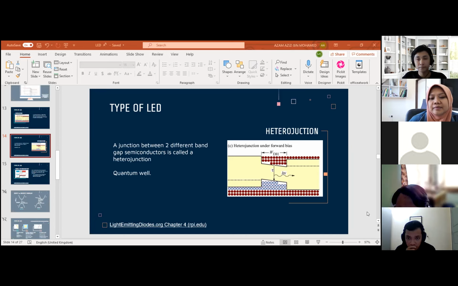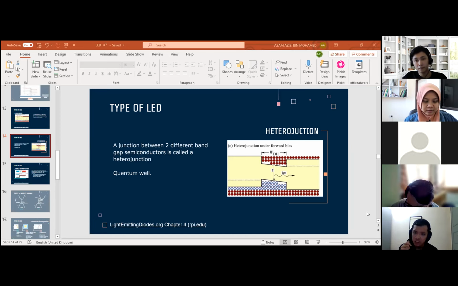Okay, I have two questions here. What do you mean by heterojunction? Is it the heterojunction between the P and N, or the heterojunction between the P, the quantum well material, and then the N? Which structure is it?